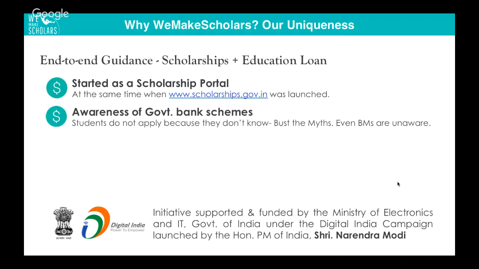Later we moved on to providing awareness of government bank schemes. That was also what the government suggested, because only 3 to 5% of students are eventually able to get scholarships. The rest, the majority, rely on education loans. So why don't we create awareness about government bank schemes?